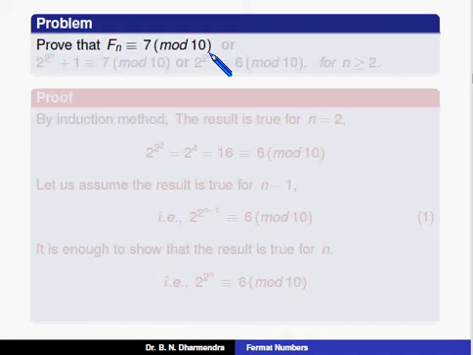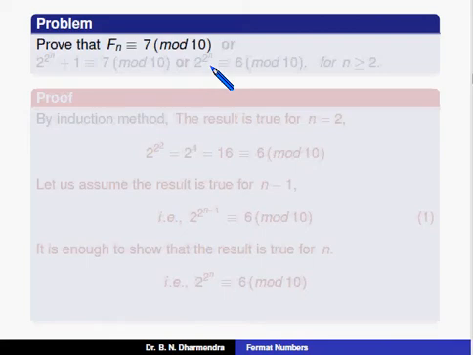Okay, and we have to observe that the last digits of F2, F3 and F4 and also of F5, all the numbers are 7. So by using that concept, Fn is congruent to 7 modulo 10.